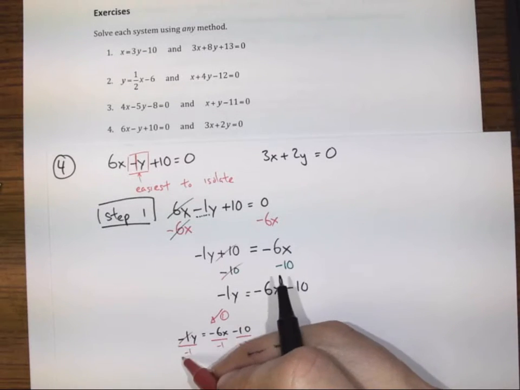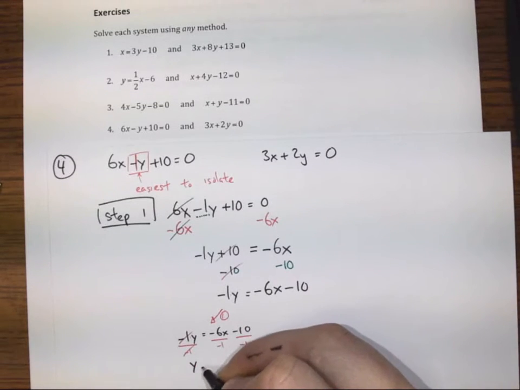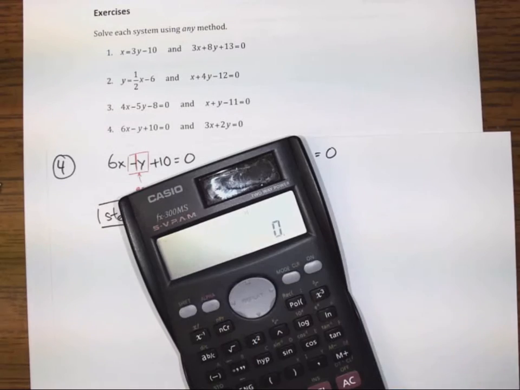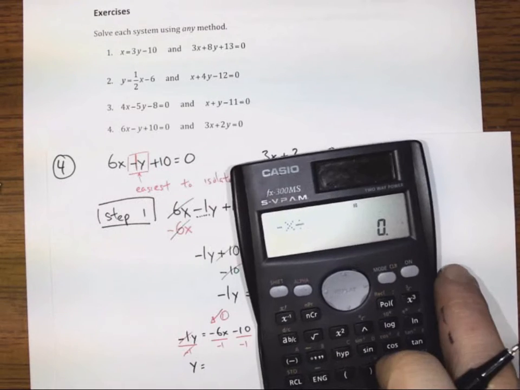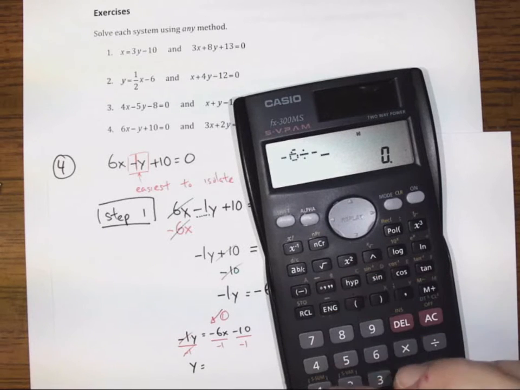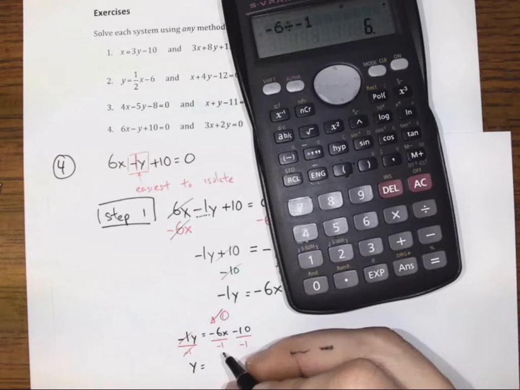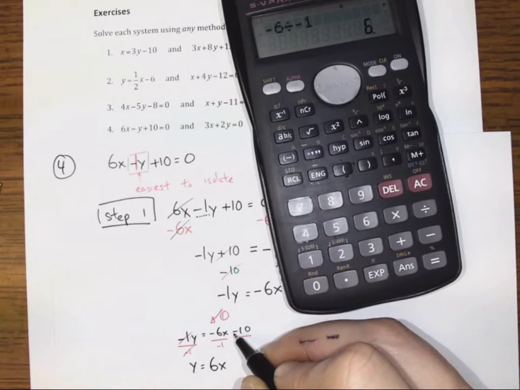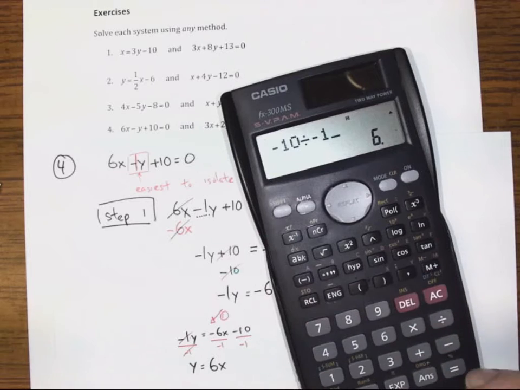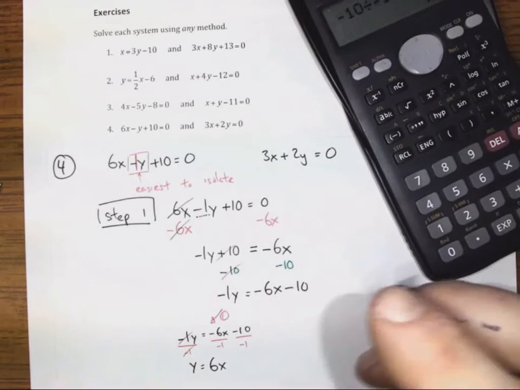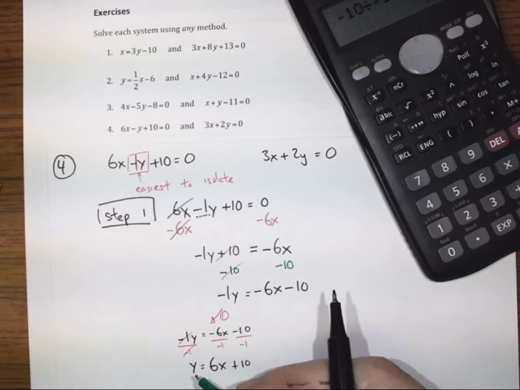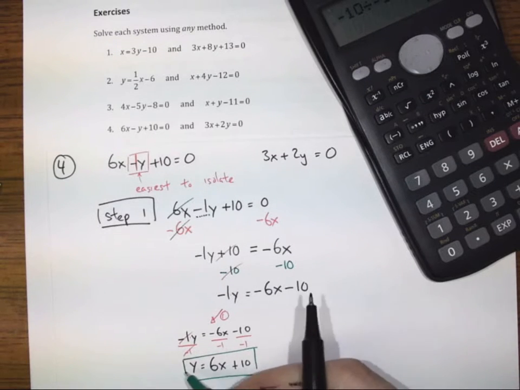It has the effect of canceling out the -1, and that's fine. -6x divided by -1 is going to be positive 6x. -10 divided by -1 is going to be equal to positive 10. So we get positive 10 here. And there we go, we've isolated y. I'm going to put a big box around that.